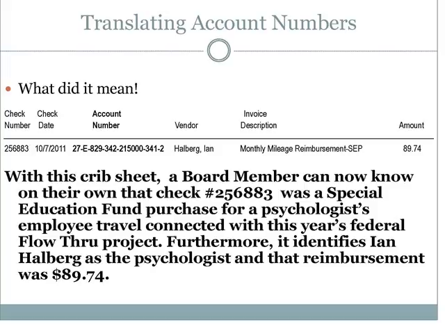Translating this line of information into a narrative statement, a board member can now know on their own that check number 256-883 was a special education fund purchase for a psychologist's employee travel connected with this year's federal flow-through project. Furthermore, it identifies Ian Hallberg as a psychologist and that reimbursement amounted to $89.74.